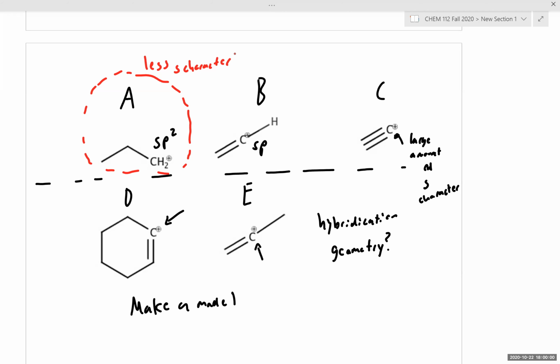And really try to think about geometry. Hybridization has a direct impact on your observed geometry, and we have to make sure that our carbocation is geometrically allowed.